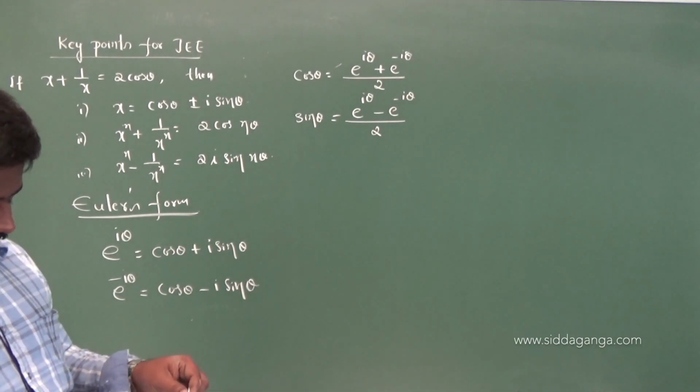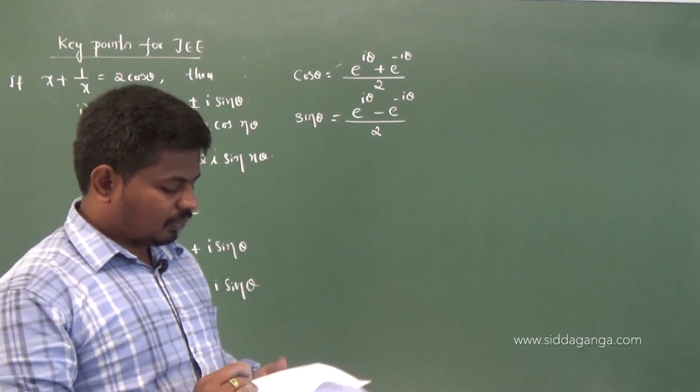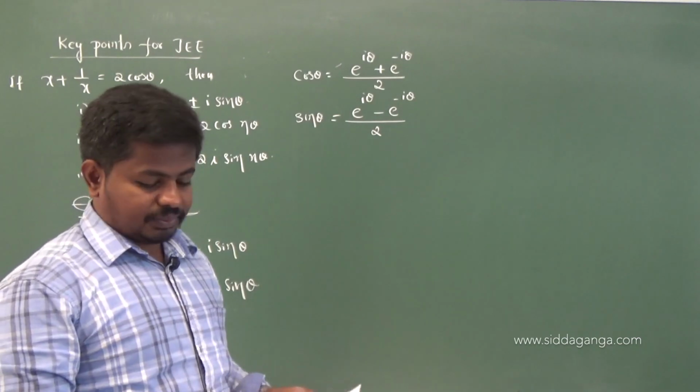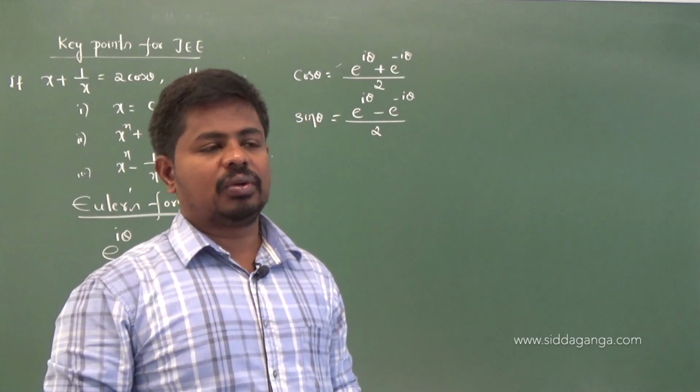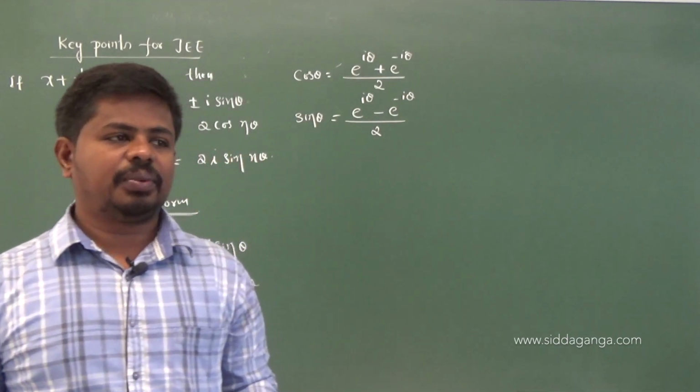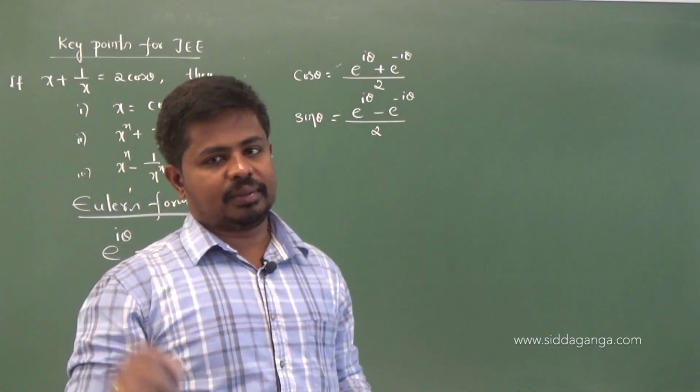So after this, one more important thing is about the locus of z. Locus, in the sense, position of the point z, I mean the position of a moving point.